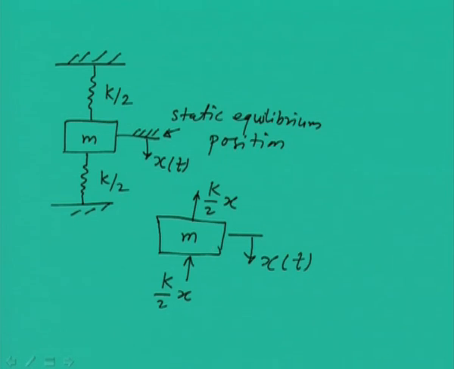And because this mass is now in motion, it has velocity and acceleration also. So using Newton's second law, we can obtain the equation of motion for this. The equation of motion is the summation of all the external forces. You can see these are the external forces which are acting opposite to the direction of motion.